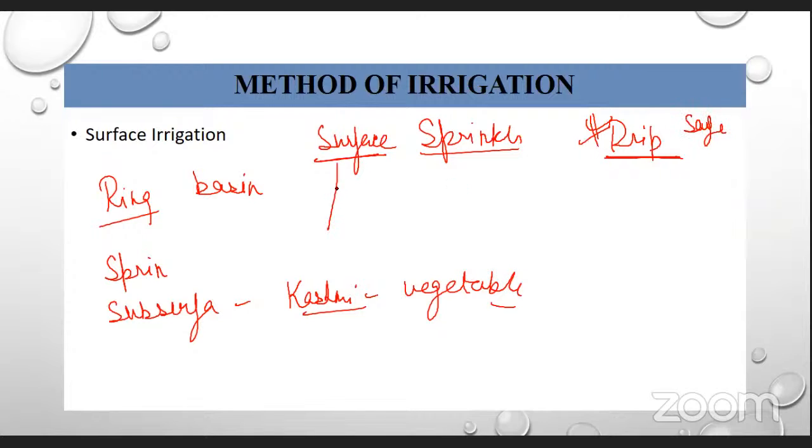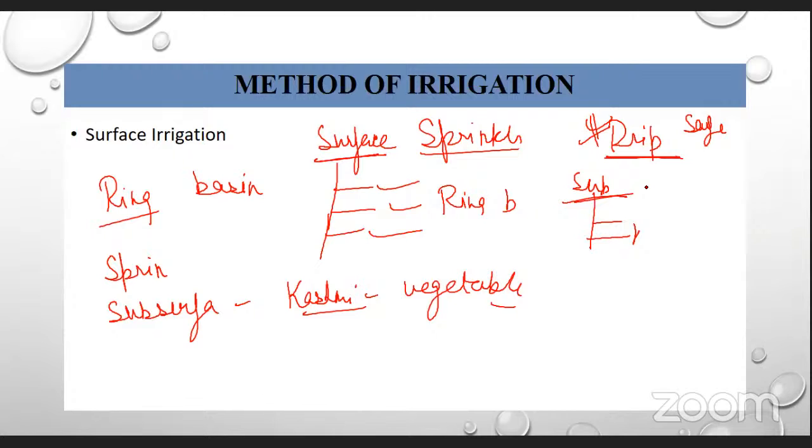But if the option of surface irrigation is mentioned in the question, then for fruits or trees we will go for the ring basin, and if subsurface irrigation is mentioned, we go for subsurface irrigation. Depending on the option, your answer is going to change.